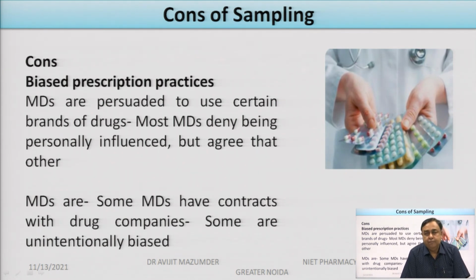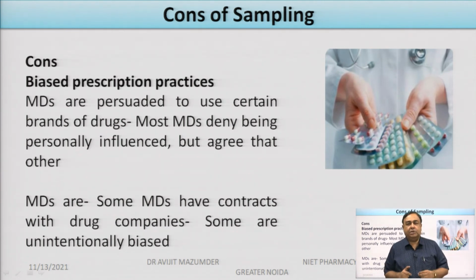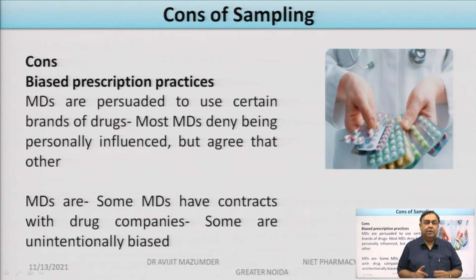That is harmful. The problem is, as far as biased prescriptions are concerned, MDs are persuaded to use certain brands of a drug, and though most MDs deny that they are being personally influenced, they agree that others get influenced.